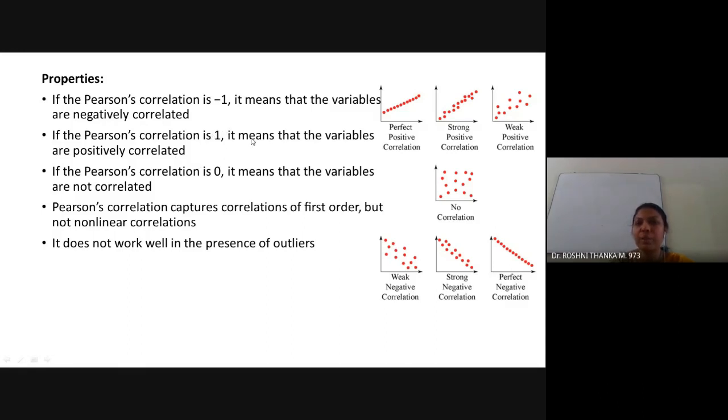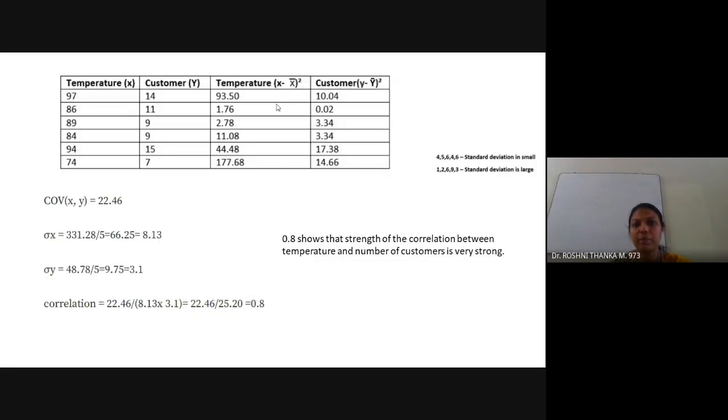The value we obtained here is 0.8, which is close to 1. So we can say these two variables are positively correlated. If it is close to minus 1, we can say it is negatively correlated. Since we got a value of 0.8, it is positively correlated.